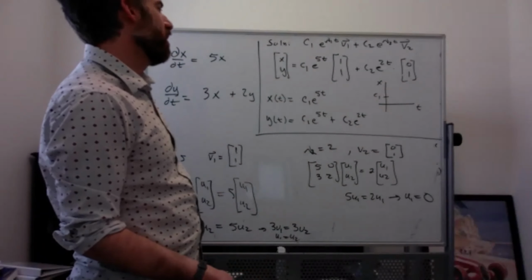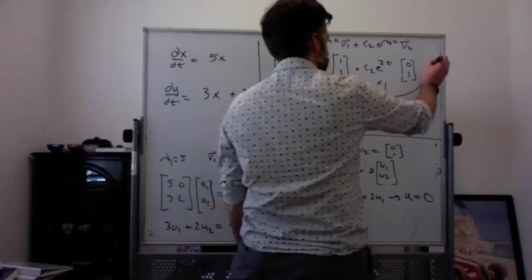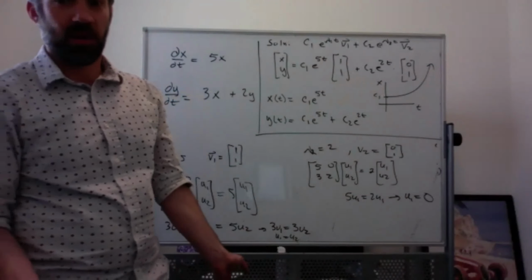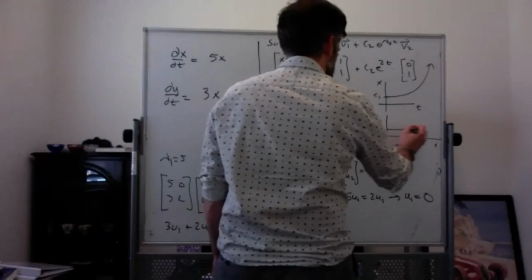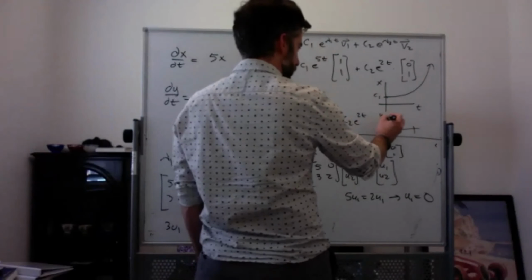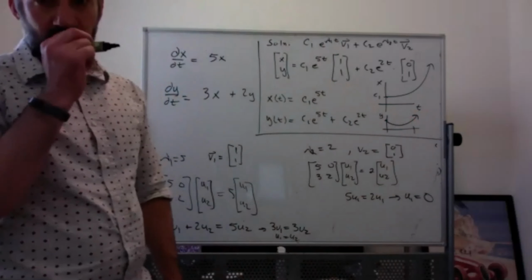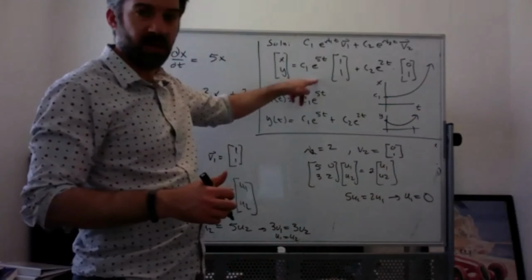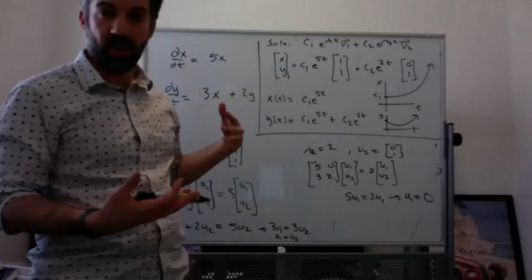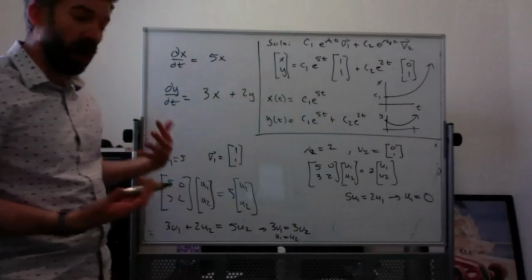Does it even matter? Either way, whether C1 is positive or negative, you're going to get really, really big. The same thing happens for y: if you're graphing y as a function of time, starting at C1 plus C2, it also gets really, really big. So because these eigenvalues are positive, as time gets larger, the values of x and y both get larger and larger. They don't get close to any one particular value. They're unstable.